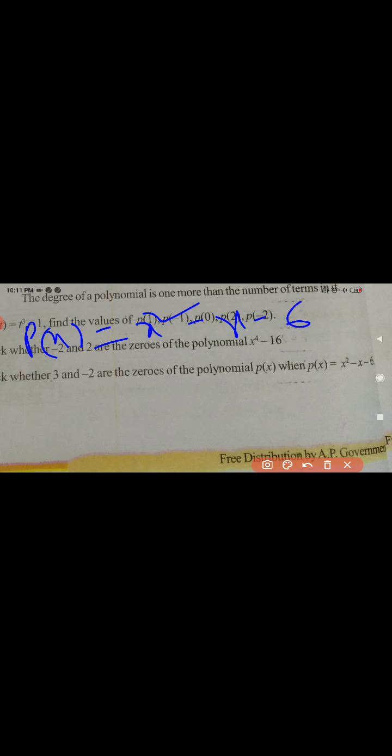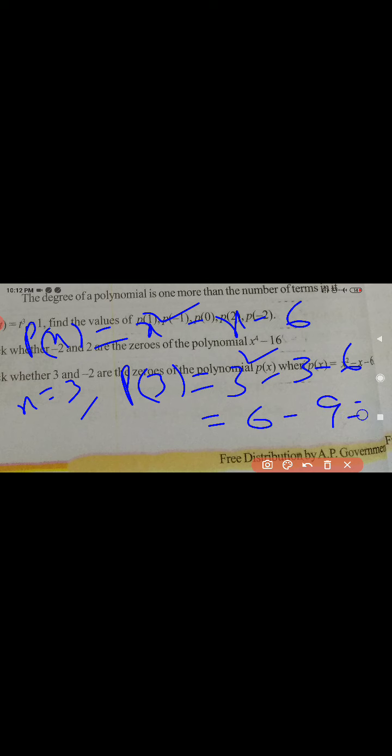If 3 is a zero of the polynomial, P of 3 is equal to 0. Now x is equal to 3. P of 3 is equal to 3 square minus 3 minus 6, that is equal to 9 minus 9... not equal to 0.